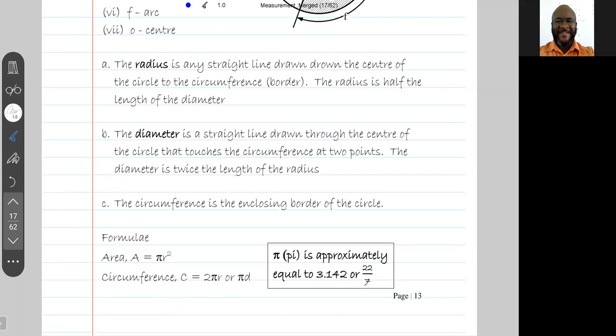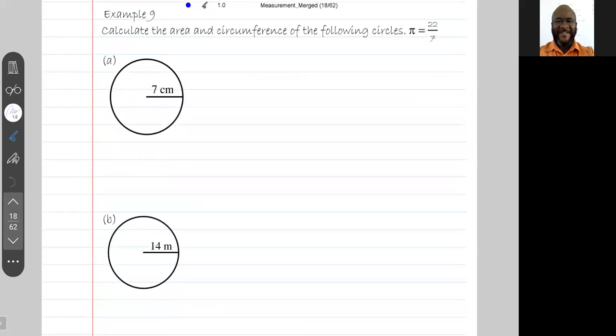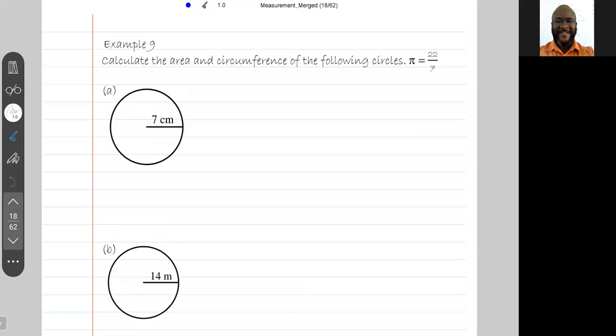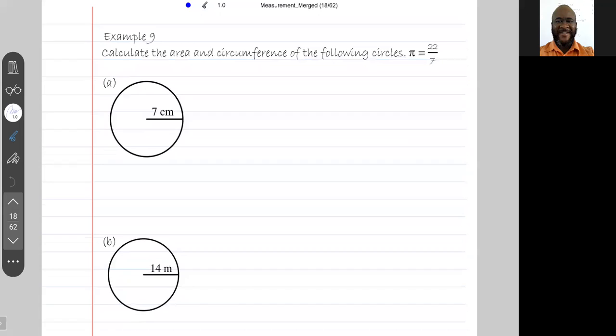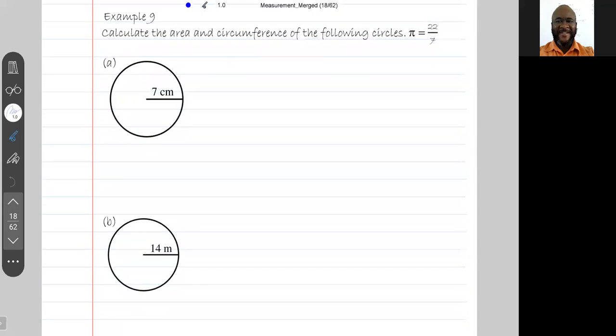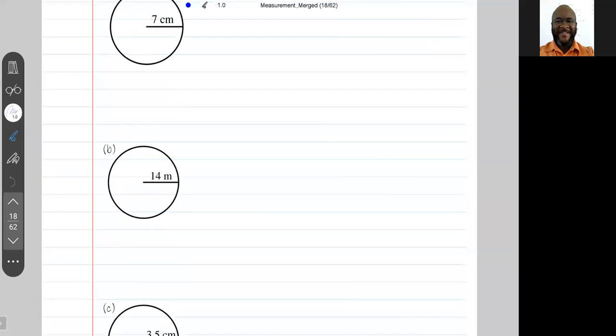All right, let's turn the page. Example 9 says calculate the area and circumference of the following circles. So we have 3 circles. We're to calculate the area and the circumference. Let me do the last one.